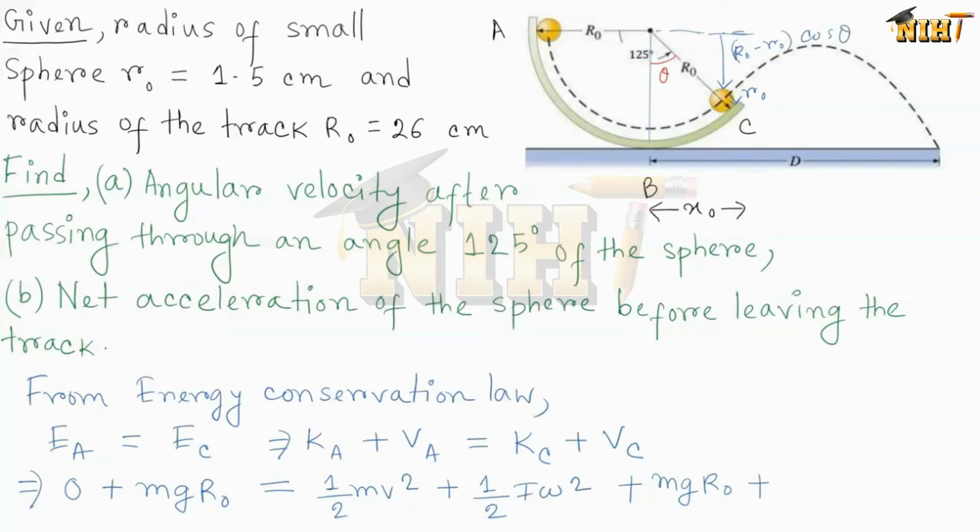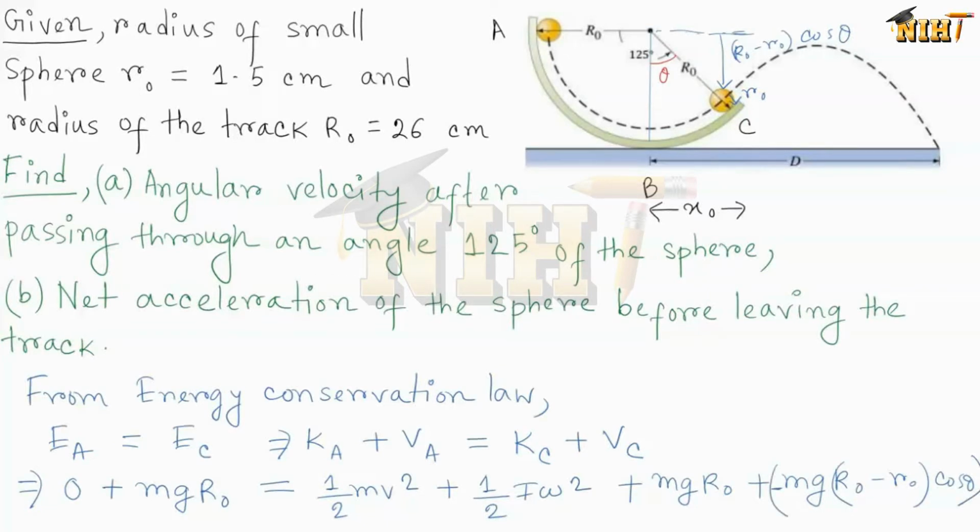So we can write it here as mg (r0 minus r0 cos theta) minus.